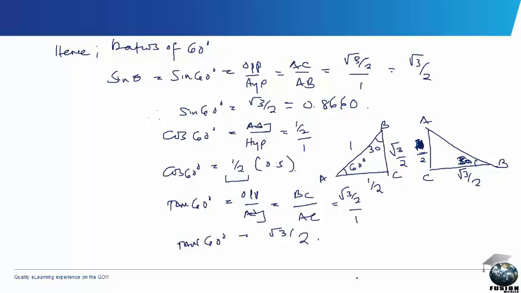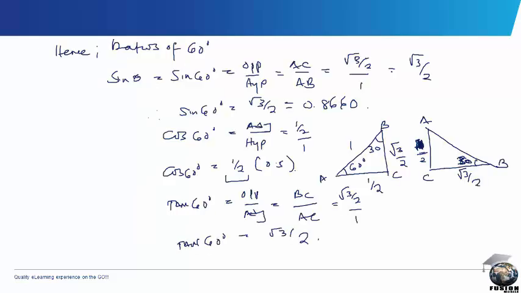And then for finding that of 30, we will use the triangle we have there. So we have the following triangle, where you have angle 30 degrees, and then you have 1 on this side, √3/2 on this side, and then you have 1/2.